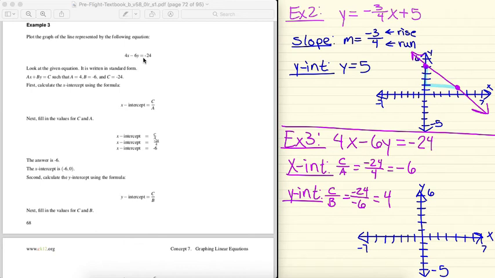And I can plot my points: negative 6 on the x-axis, 4 on the y-axis, and connect them to get the picture of my graph.